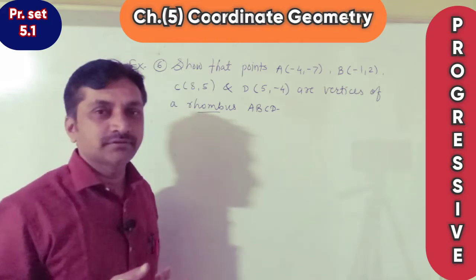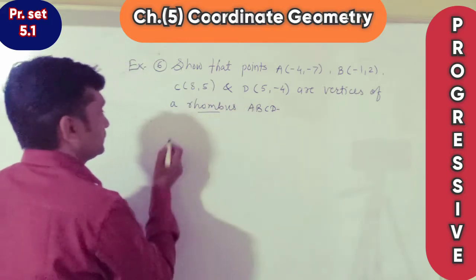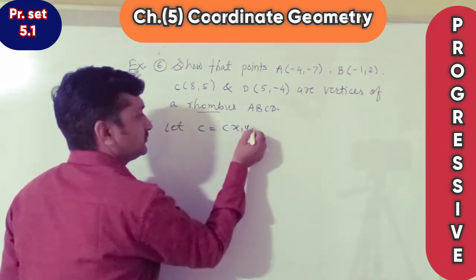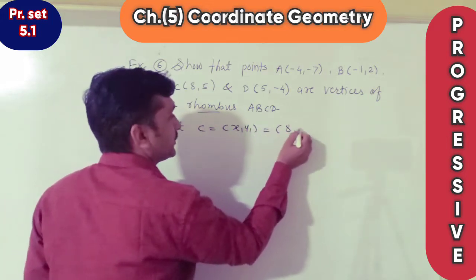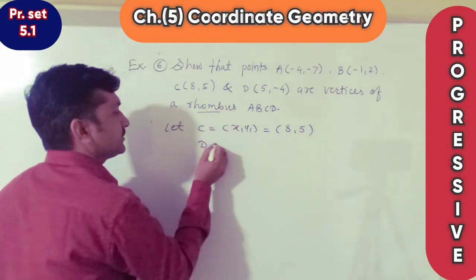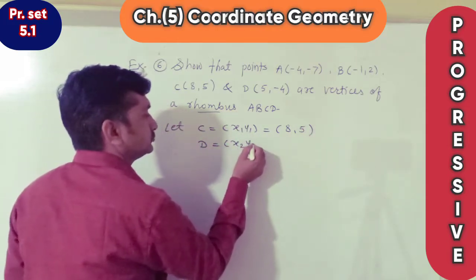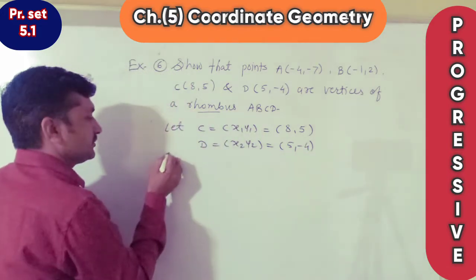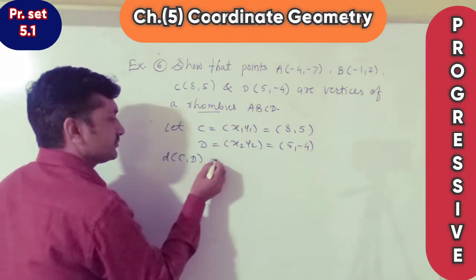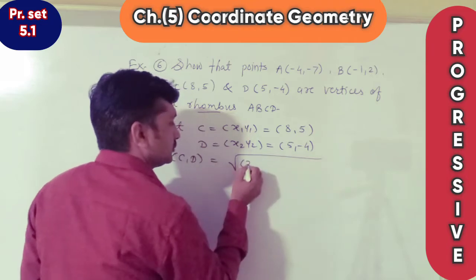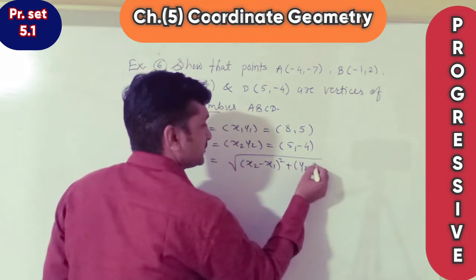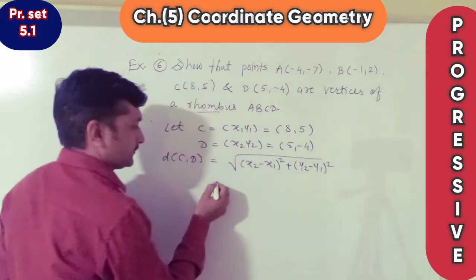After BC, let's find CD. Let C is equal to (x1, y1) is equal to (8, 5). D is equal to (x2, y2), which is (5, -4). Distance CD is equal to square root of (x2 - x1) bracket square plus (y2 - y1) bracket square.